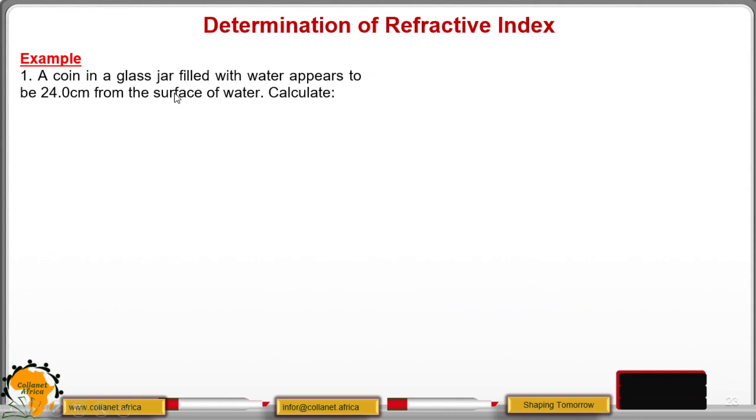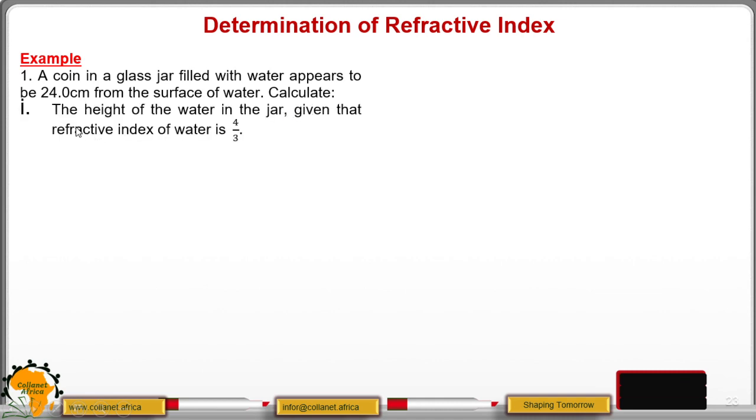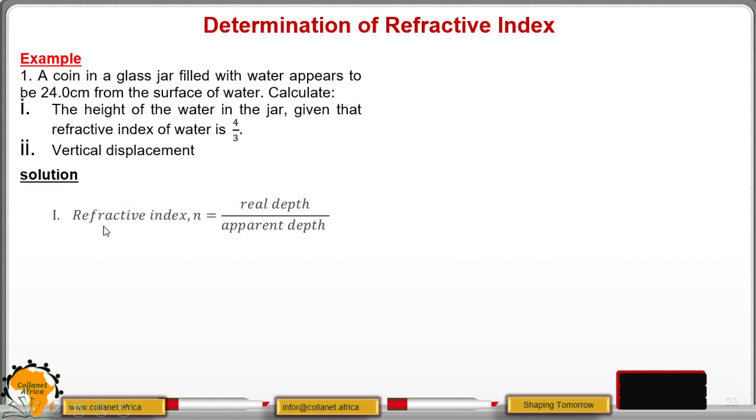Then from there, we move to an example. A coin in a glass jar filled with water appears to be 24.0 centimeters from the surface of the water. Calculate 1, the height of water in the jar, given that the refractive index of water is 4/3. Then part 2, get the vertical displacement. We proceed as follows. By definition, the refractive index n is equal to the real depth over the apparent depth.